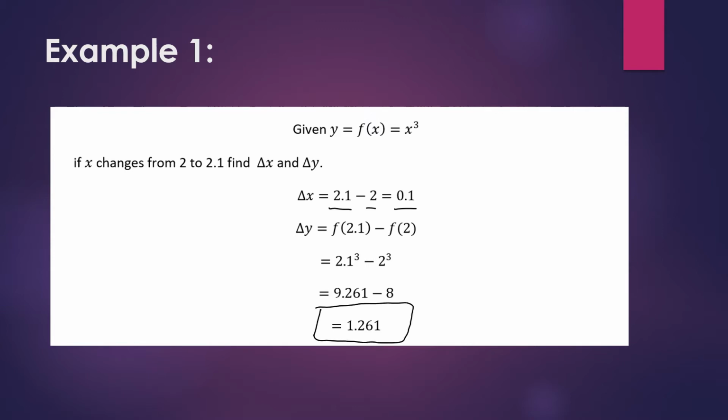So when x is 2, if I increase it by 0.1, my y value will increase by 1.261. And those would be our delta x and our delta y for this scenario.